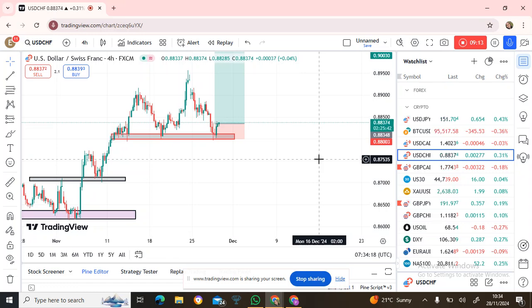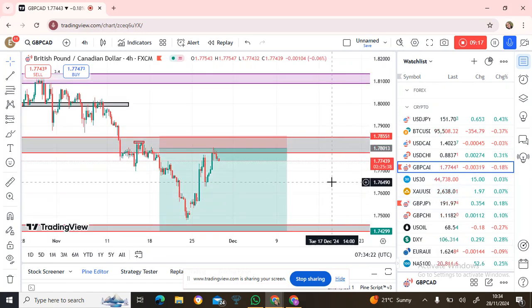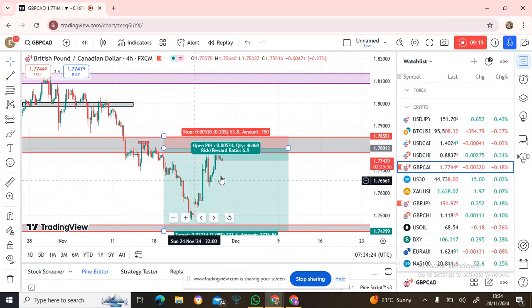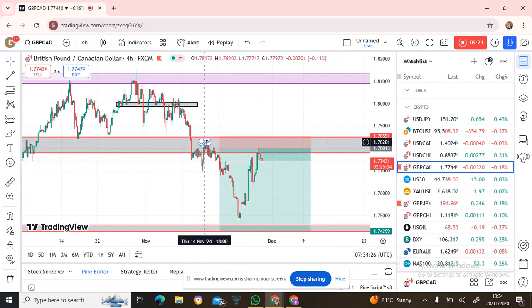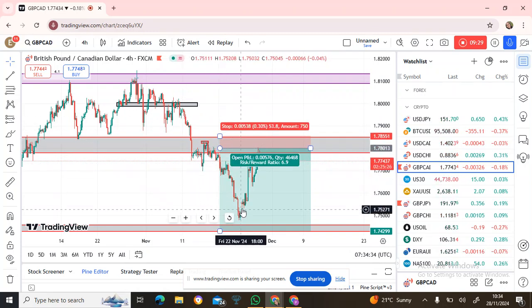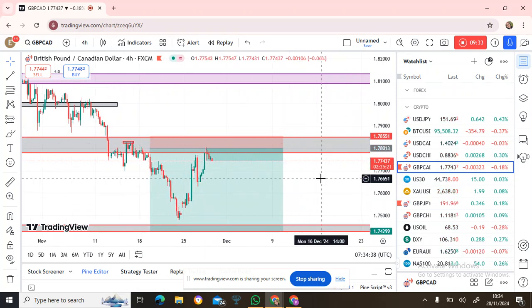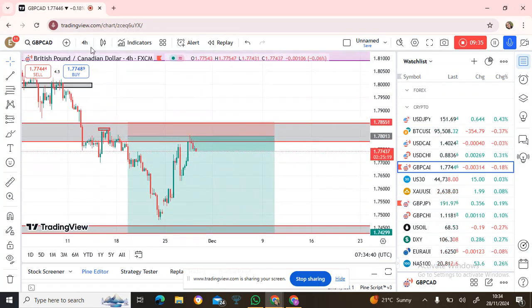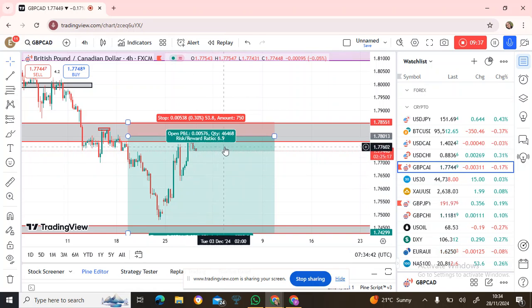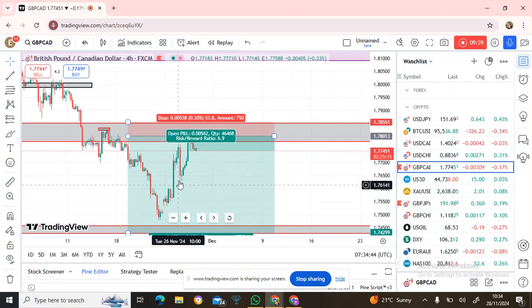So coming down to GBP/CAD, you can see the market made a lower high here. We broke this zone, then it pulled back to make a lower high, then it created a lower low. So the market has moved out of this zone, creating a lower high. So what do you expect from GBP/CAD?